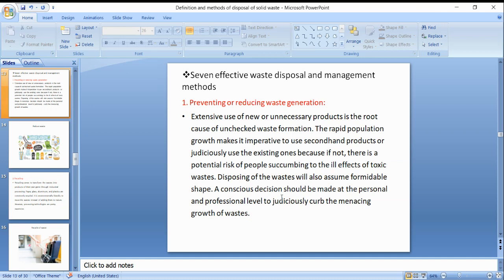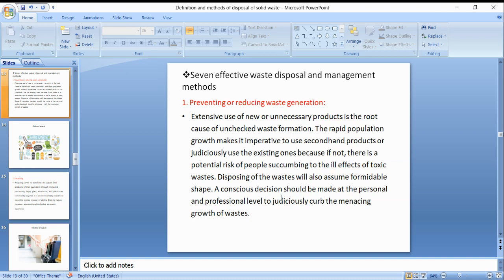There is a potential risk of people succumbing to the ill effects of toxic waste, so disposing of the waste will also assume a formidable shape. A conscious decision should be made at the personal and professional level to judiciously curb the menacing growth of waste.